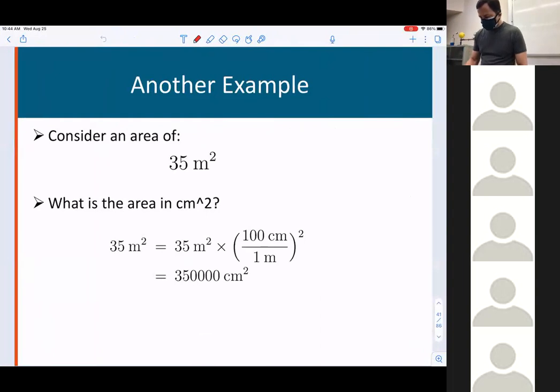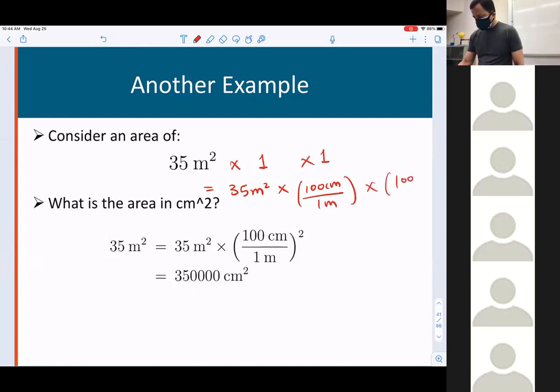So I could write this as times 1 times 1, which is equal to 35 meters squared times 100 centimeters in 1 meter times 100 centimeters in 1 meter.